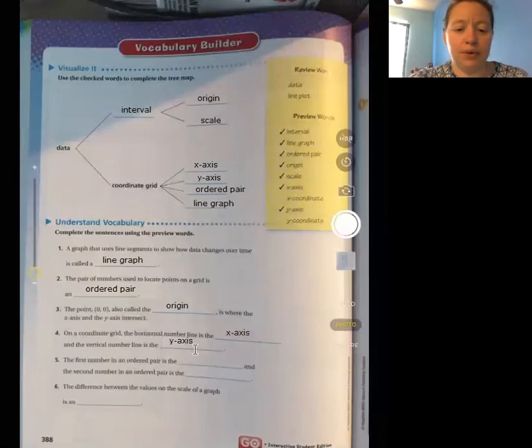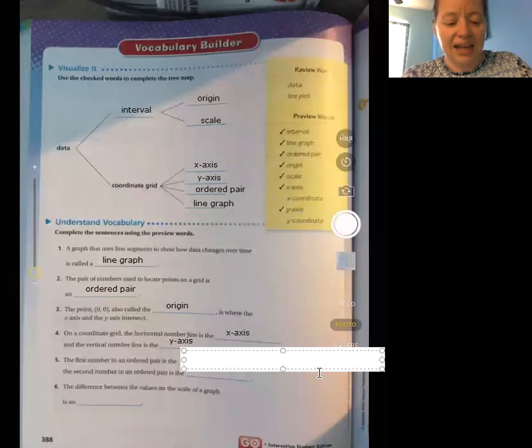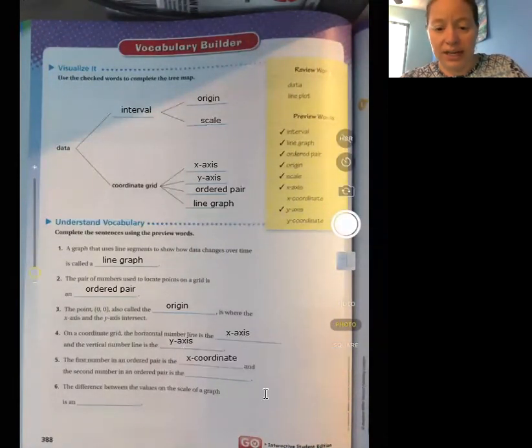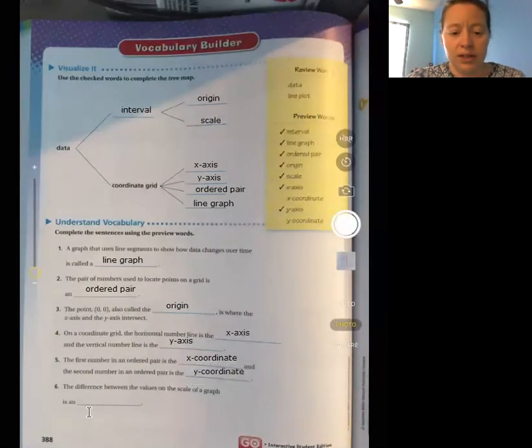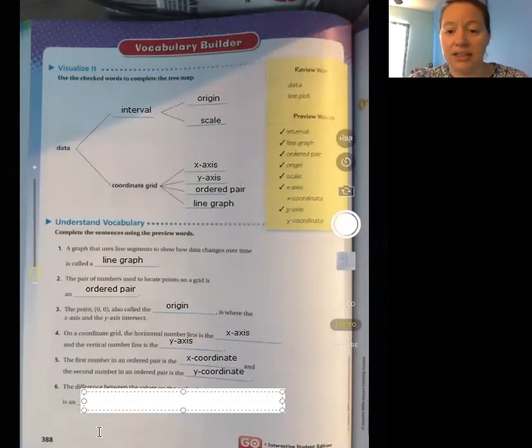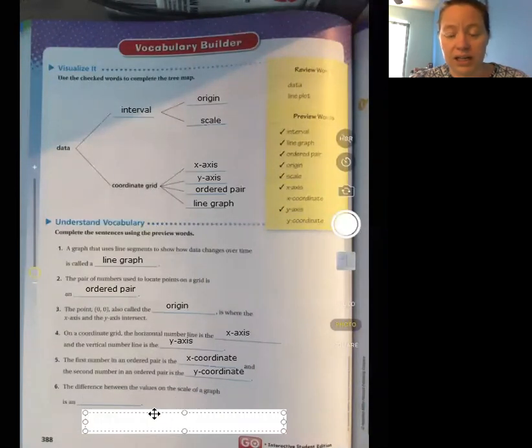The first number in an ordered pair is the x coordinate, always, always, always, and the second number in an ordered pair is the y coordinate, always, always, always. The difference between the values on the scale of the graph is an interval.